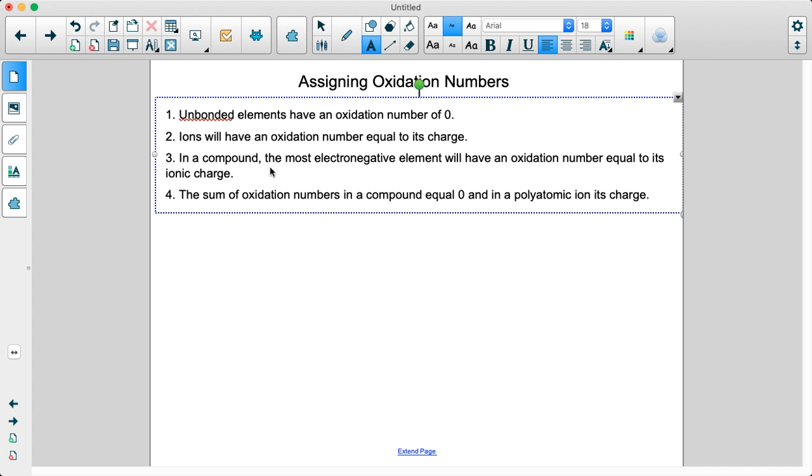So if you sum up all the elements that make up the compound or polyatomic ion, in a compound they have to equal 0, and in the polyatomic ion, they have to equal its charge.